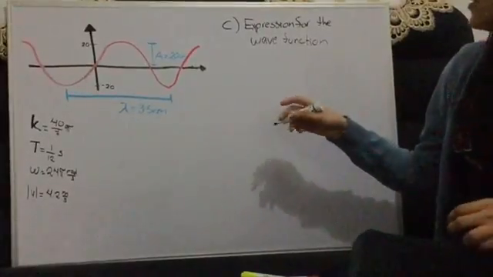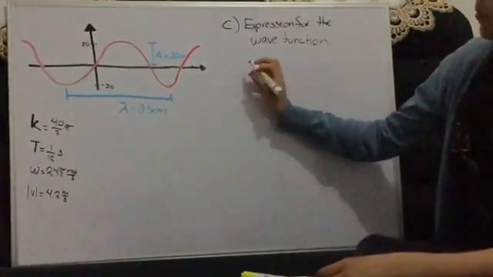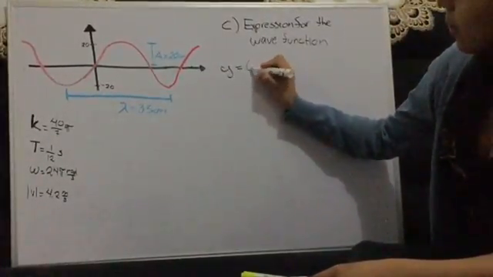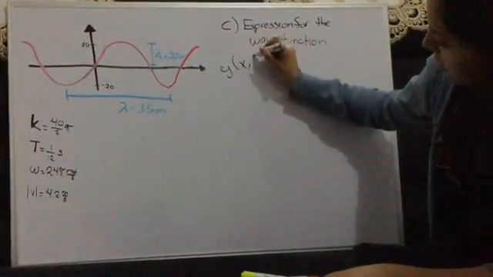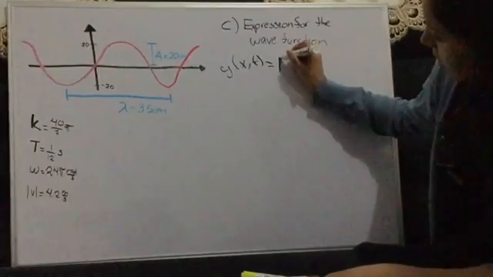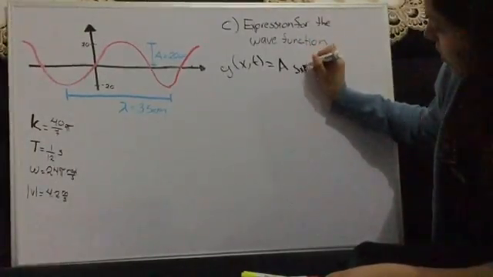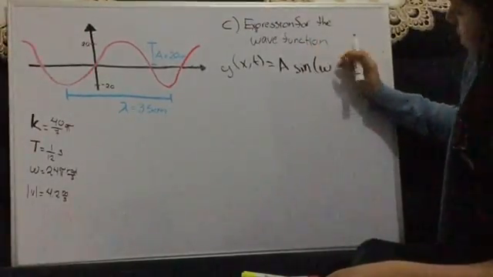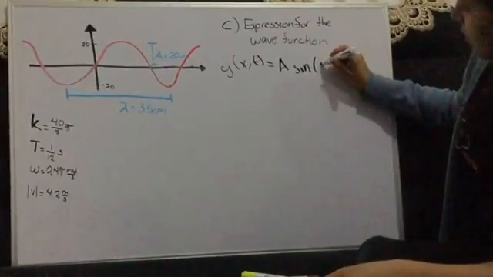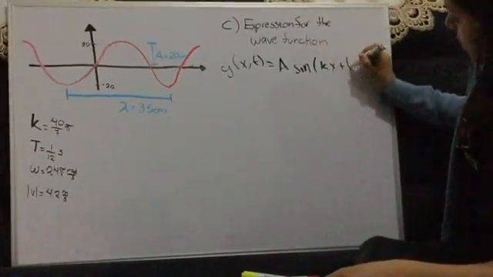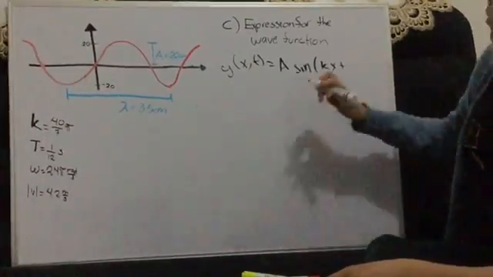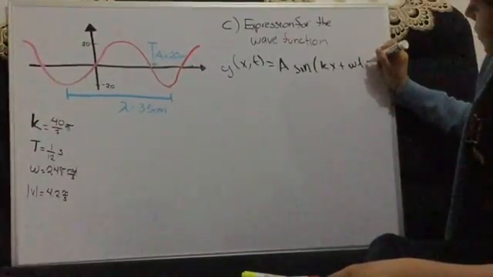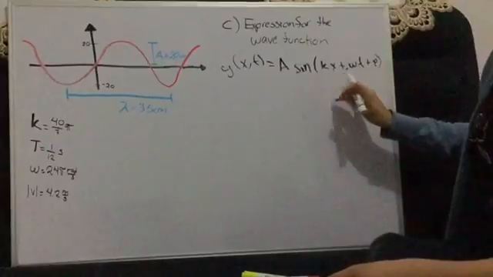Now the problem is asking us for an expression for the wave function. So we have to remember that it's a sine function. So y of x and t is equal to the amplitude times the sine of the wave number times x plus the angular frequency times the time plus the phase angle.